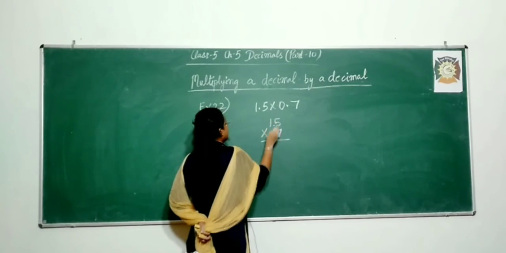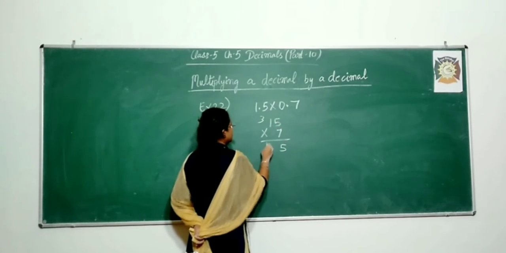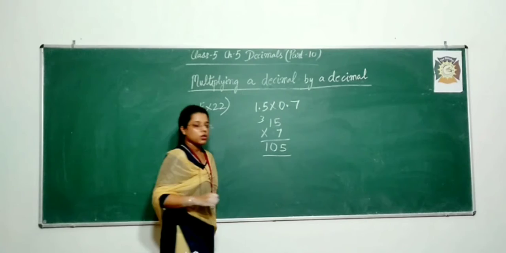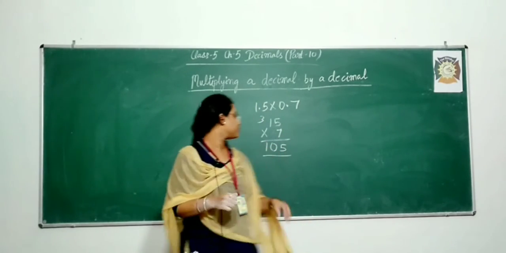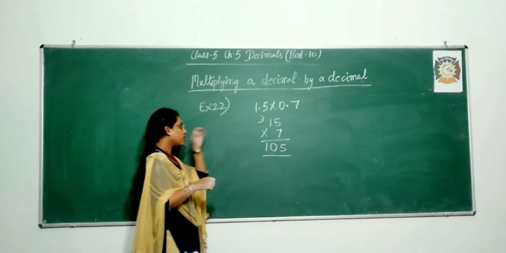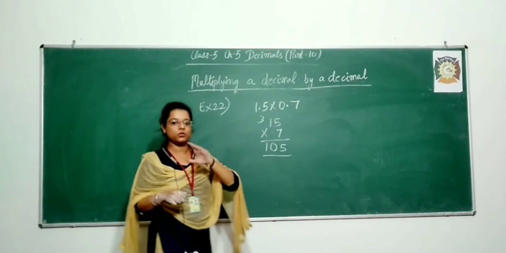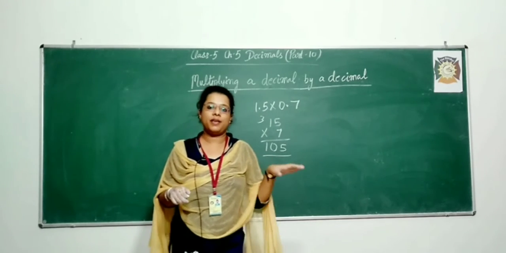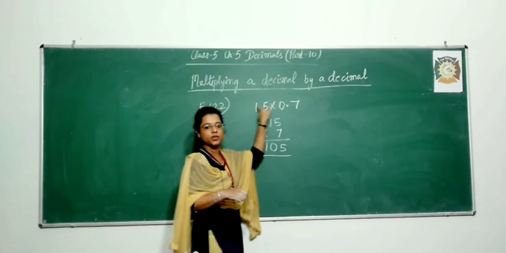Simply you will obtain 7 5 is 35, 7 1 is 7 plus 3 is 10. Now children, please be careful while placing the decimal point. See, in the question you are given with two decimal numbers, so you are going to count the total decimal places. Here it is 1, here it is 1 again, so 1 plus 1 is 2.